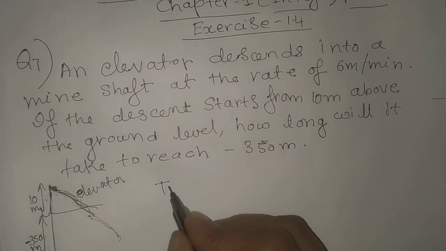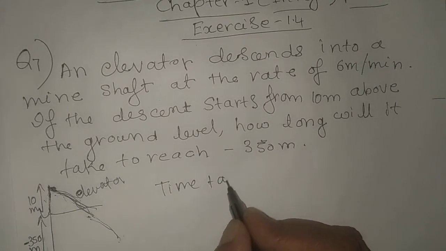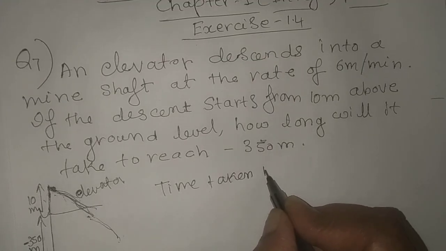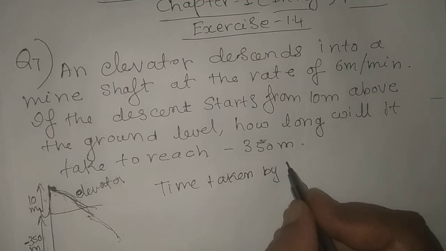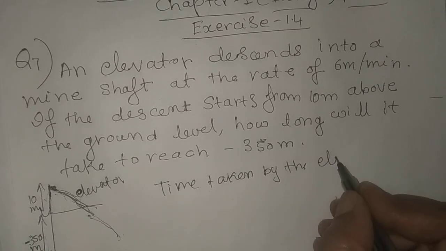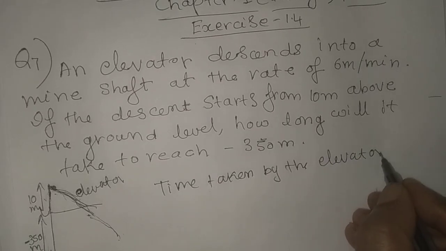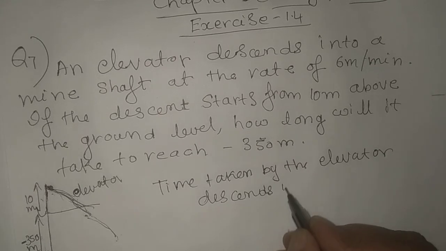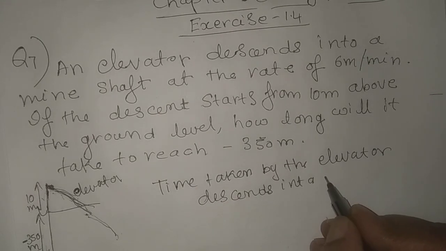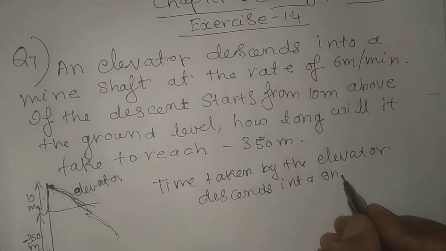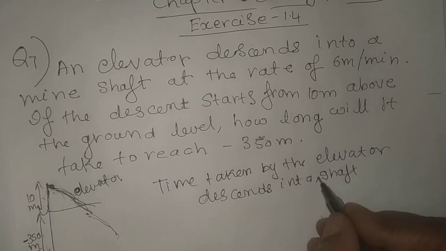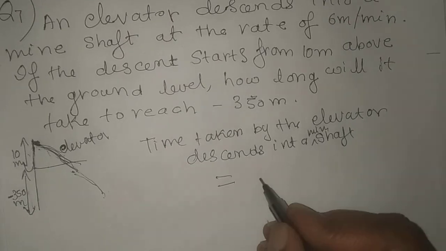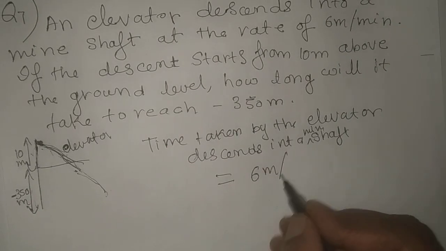First, time taken by the elevator. Given, the elevator descends into a mine shaft at 6 meters per minute.